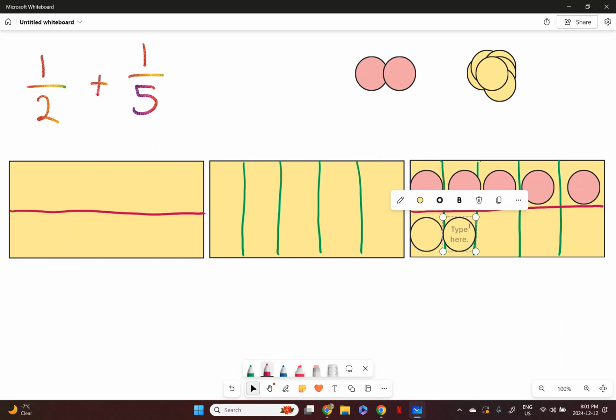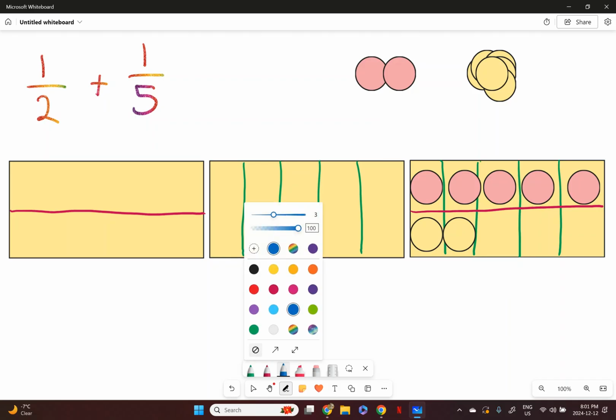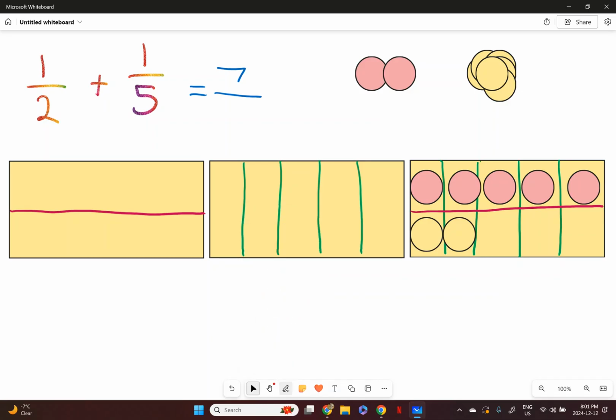So in order to solve this problem, 1/2 plus 1/5, I'm going to start by counting how many circles I've used in total, how many counters. So 5 on the top plus another 2, that's 7. And then I have to look at how many boxes I've created, which in this case is 10 boxes.